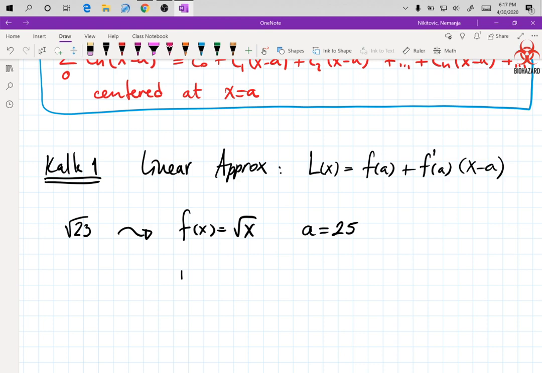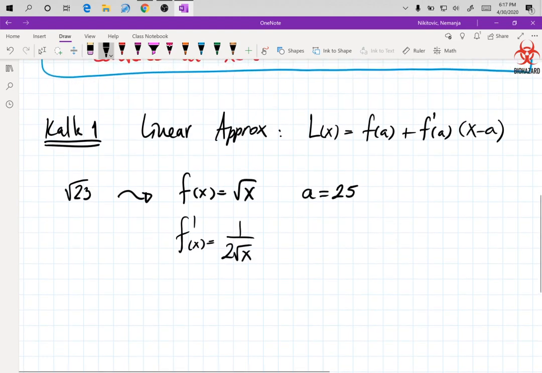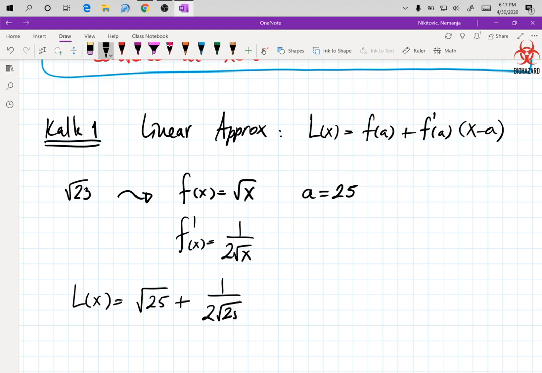So now if I calculate my f prime of x, that's 1 over 2 root x. And now I can calculate L of x because we memorized the formula. That's f of a, which is square root of 25, plus the derivative of this times x minus 25. And when you simplify this, it becomes 5 plus 1 over 10 times x minus 25.